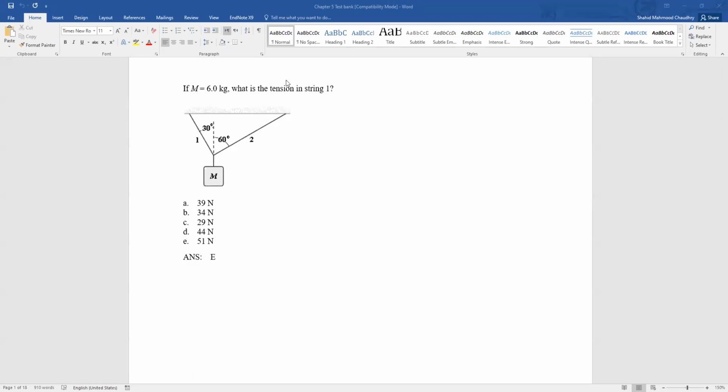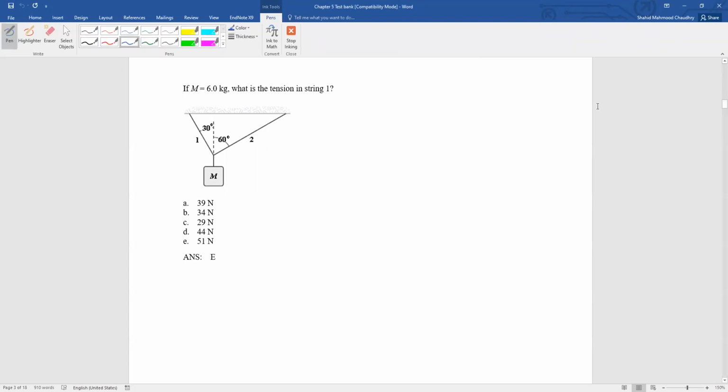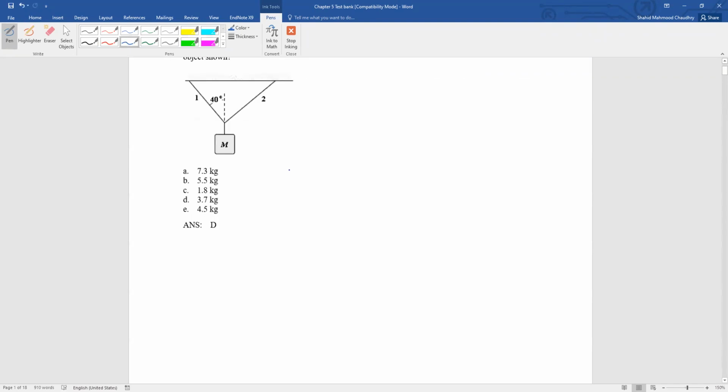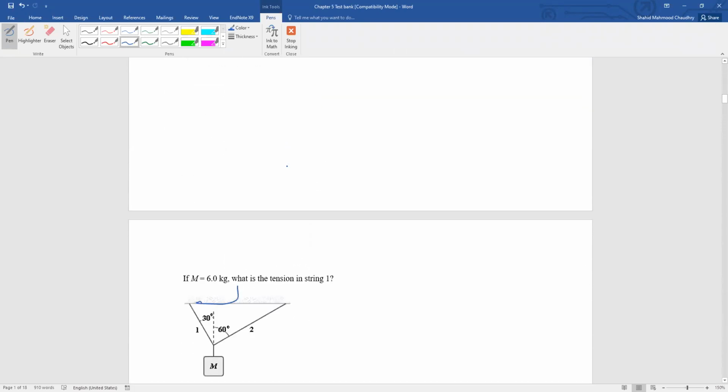In this problem, the mass value is given, and this value is 6 kg.